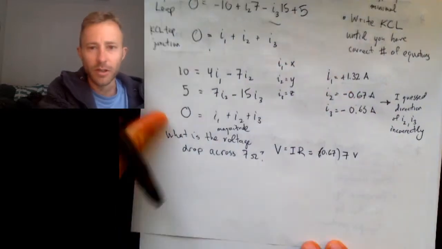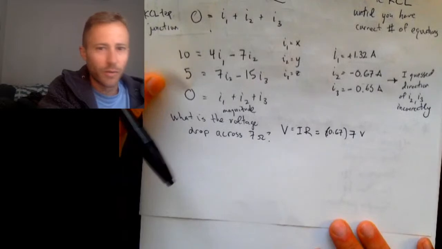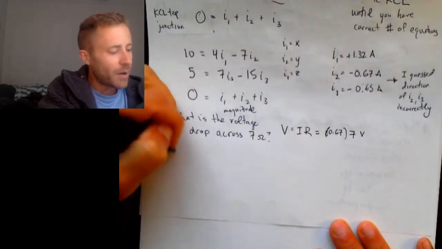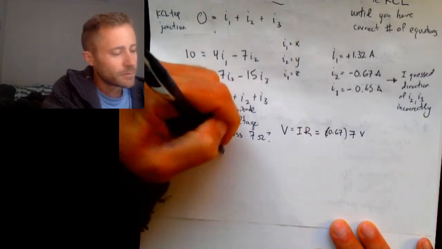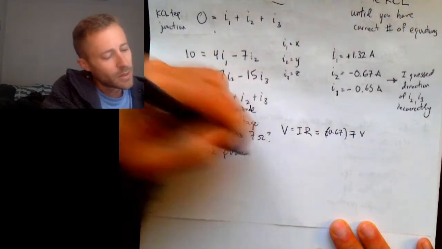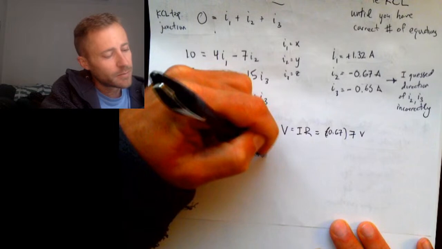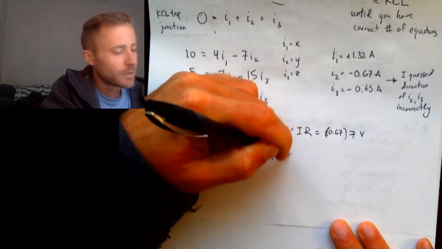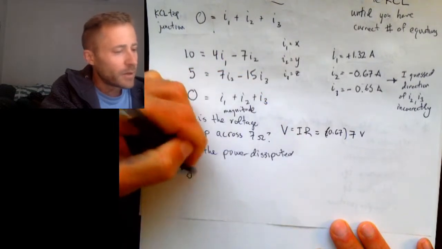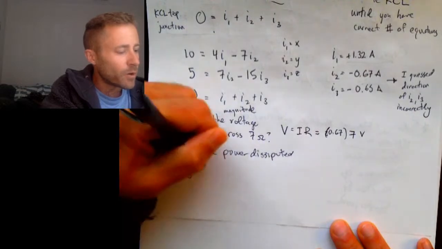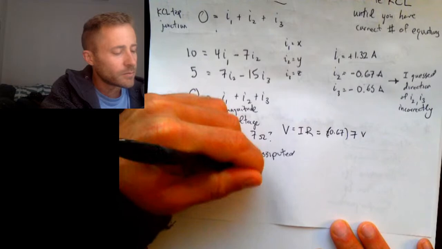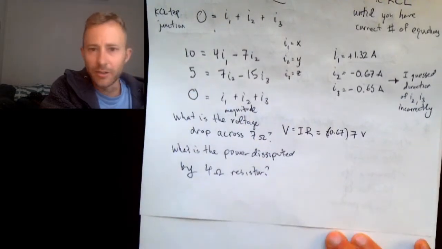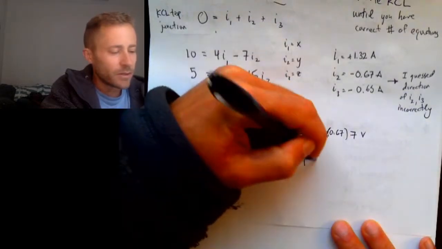I don't really care what the actual number is. What if I said, what is the power dissipated by the 4 ohm resistor? Well, in that case, power is IV.